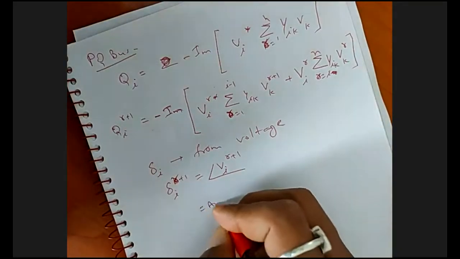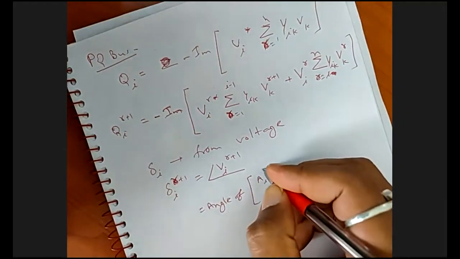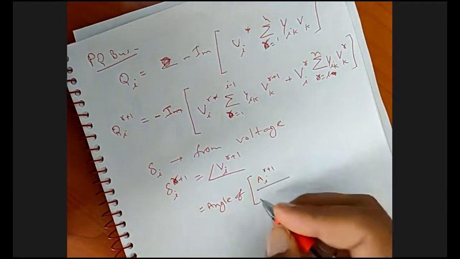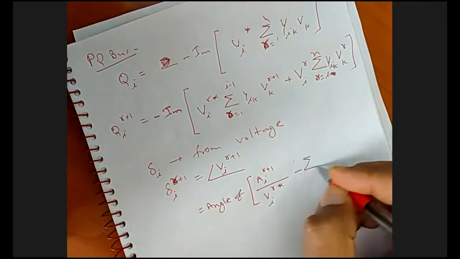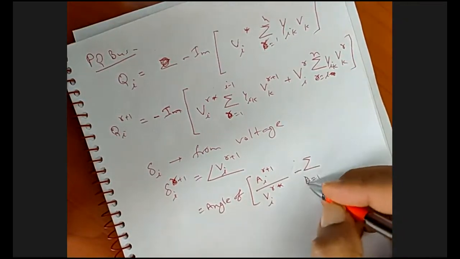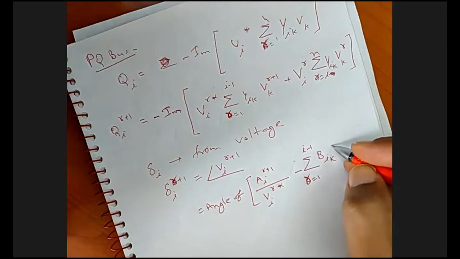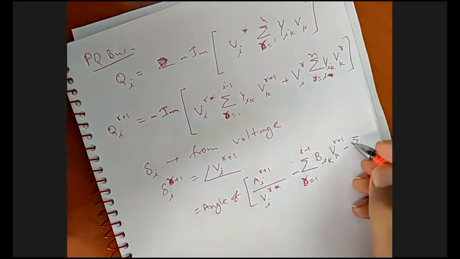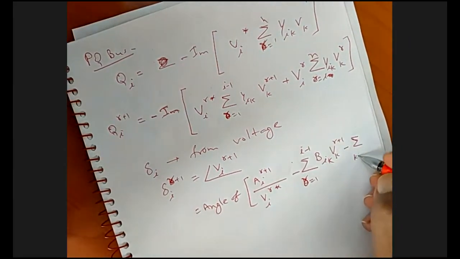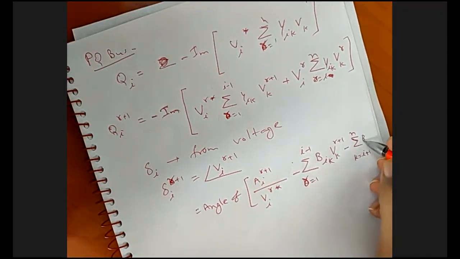That means the angle of Ai at r plus 1 divided by Vi r star, minus summation k equal to 1 to i minus 1 Bik Vk at r plus 1, minus summation k equal to i plus 1 to n Bik Vk at r.